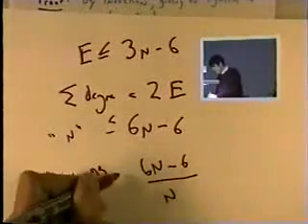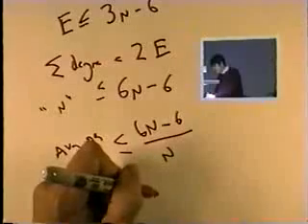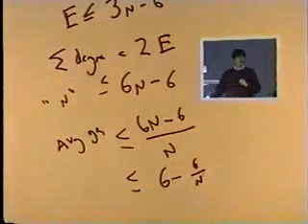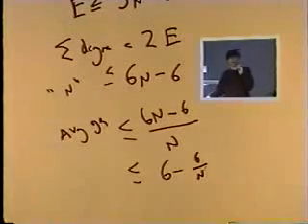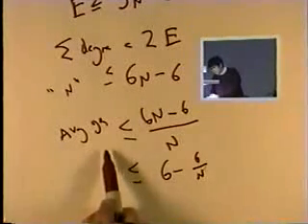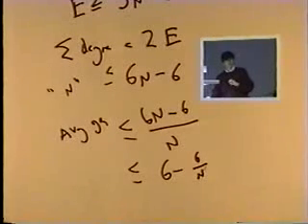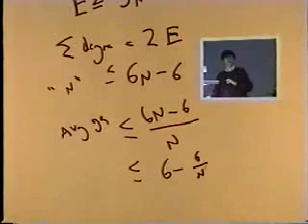That means the average degree is less than or equal to 6 minus 6 over n. What does that mean? The average degree of a vertex in a planar graph is less than 6.